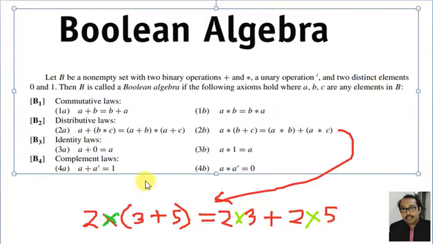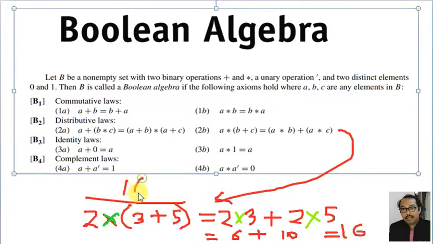If you remember, previously the answer was 16. Now 2 into 3 is 6 plus 10, that is 16. Understood? Previously this was 16, and if I write this way, 2 into 3 plus 2 into 5, it is written like this.